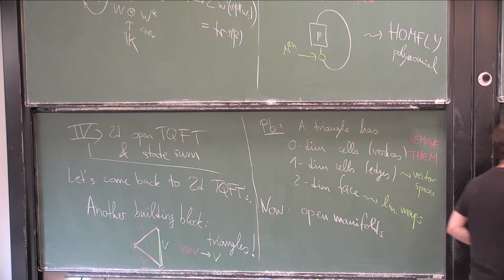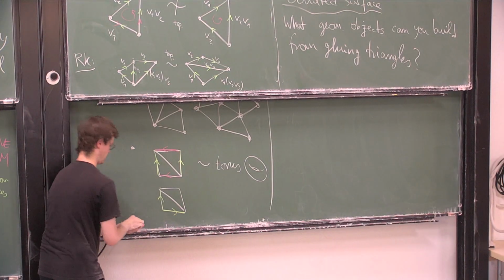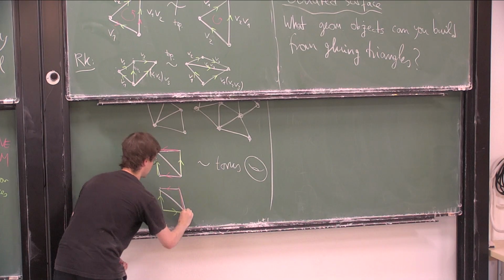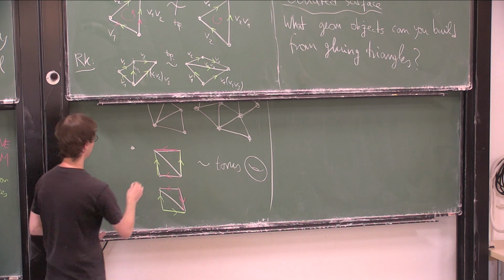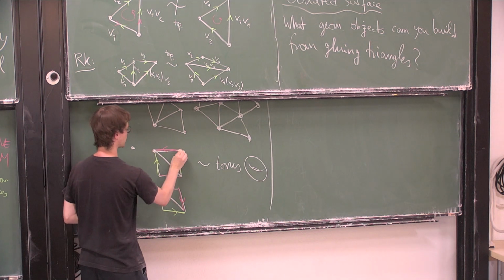Torus. Another picture is almost the same, but now you glue this to this, and this to this. Klein bottle.